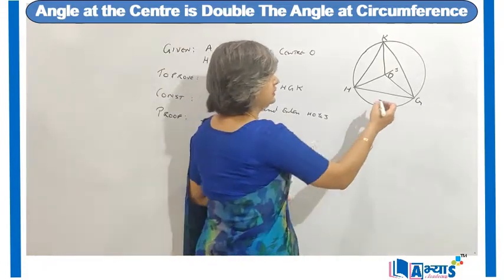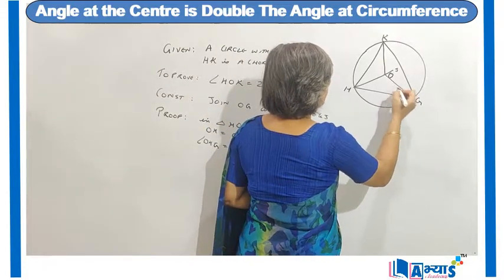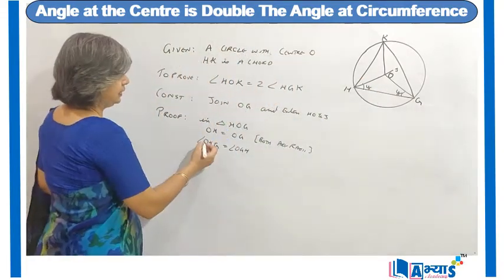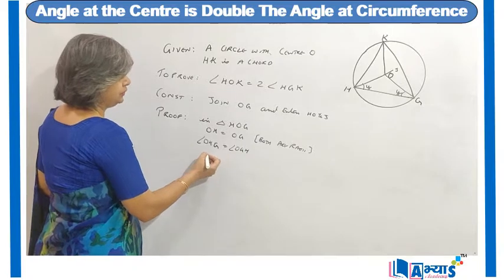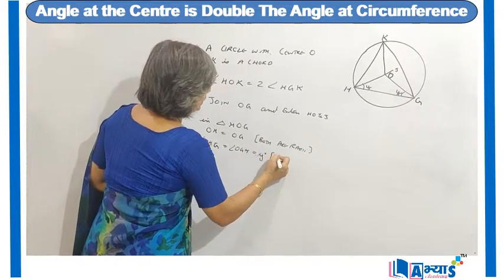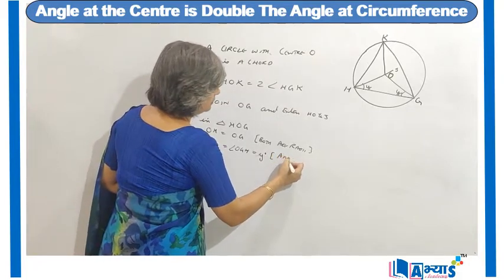Let us suppose this is equal to X, this is equal to Y, so this will also be equal to Y. So angle OHG is equal to angle OGH, each equal to Y, angles opposite equal sides.